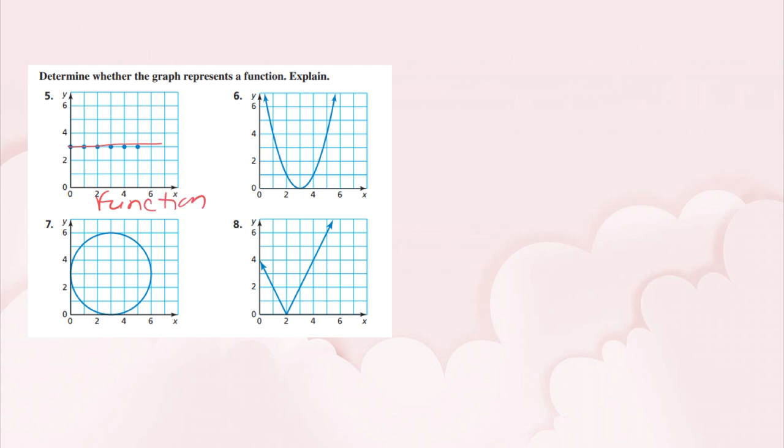My outputs are the same, right? If you look at number 5, they're all 0, 1, 2, 3, 4, and 5, right? Those are my inputs. But my outputs are what? They're all 3. Got it? They're all 3.